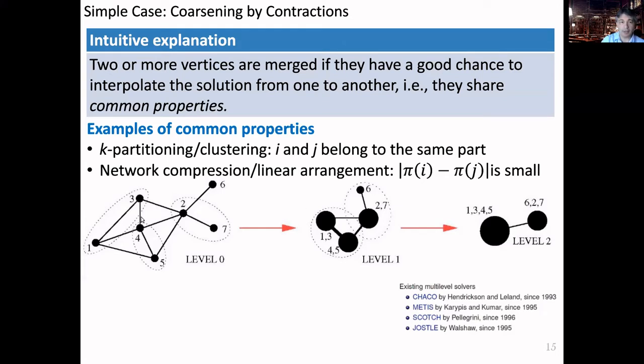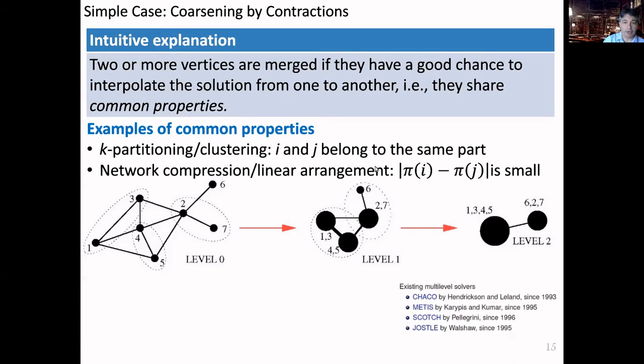finest level. How do we explain it? 2 or more vertices are merged. So in other words, we create from a pair of nodes like these, 1 and 3, a coarse variable 1,3. We merge them if they have a good chance to interpolate the solution from one variable to another. In other words, if they share some common properties. So for partitioning, the common property will be belonging to the same part.